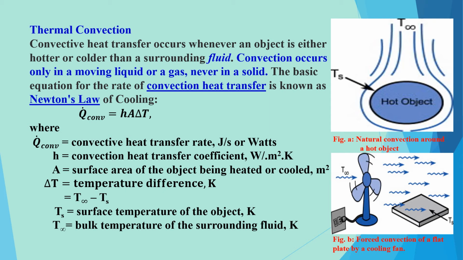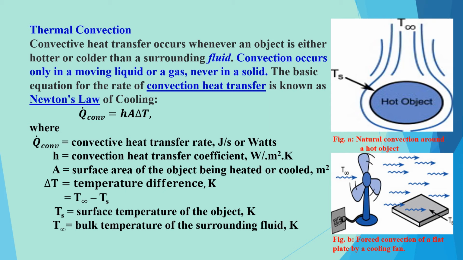Thermal convection. Convective heat transfer occurs whenever an object is either hotter or colder than a surrounding fluid. Convection occurs only in a moving liquid or gas, never in a solid.